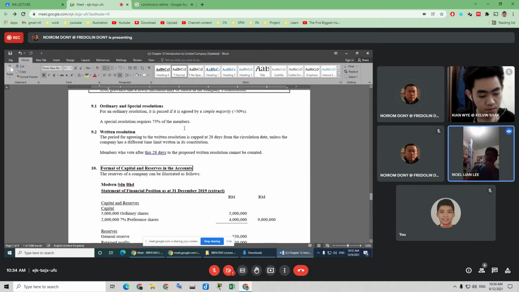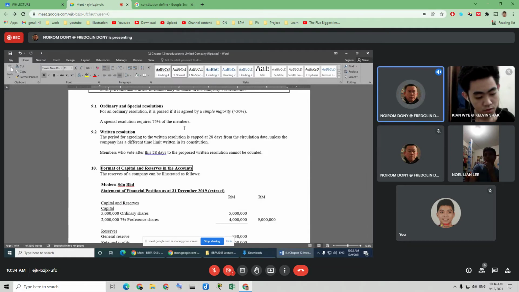So for the special resolution, if we only got 55%, what happened? With 55%, it is not settled because the special resolution needs 75%. Let's say they want to decide to replace the managing director, and during the vote only 55% agree.